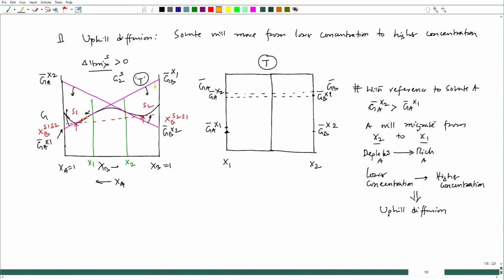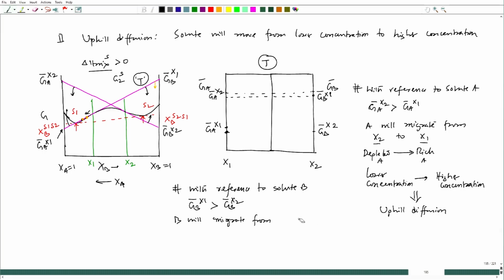Similarly, with reference to solute B, let us see what is happening. I could see that G B bar x 1 is greater than G B bar x 2. So, B will migrate from x 1 to x 2.